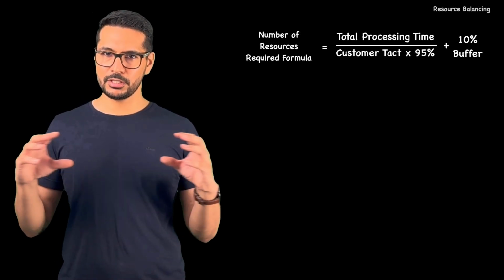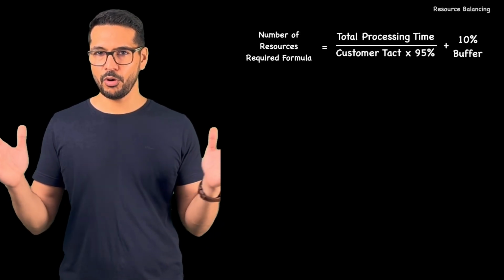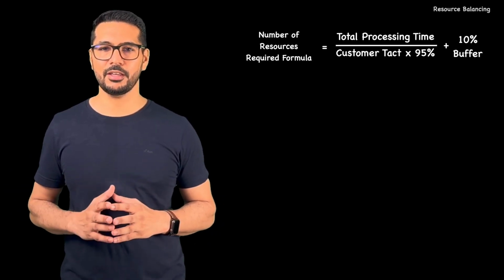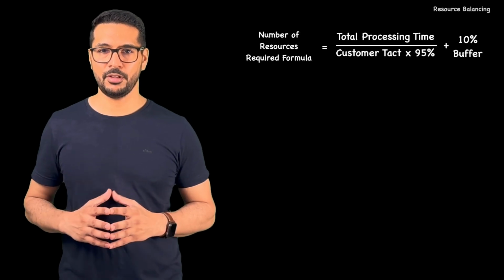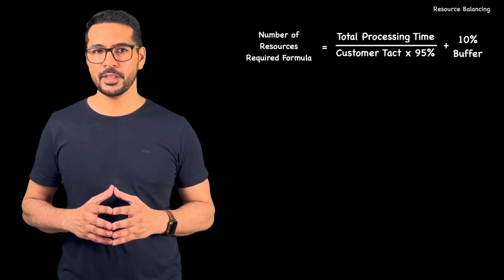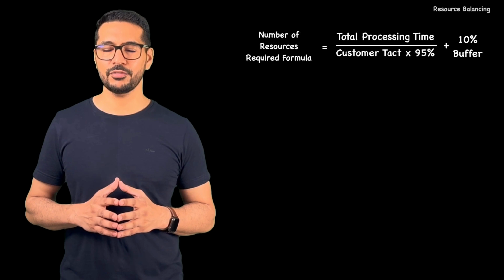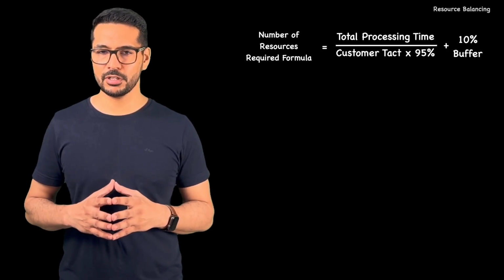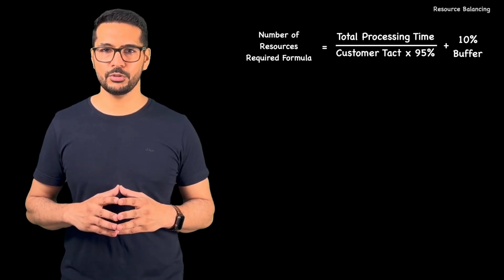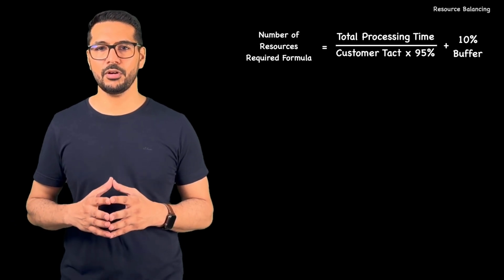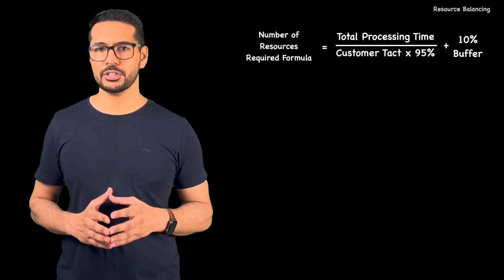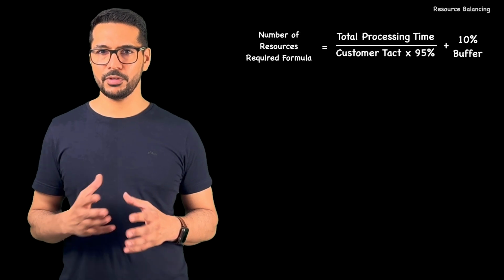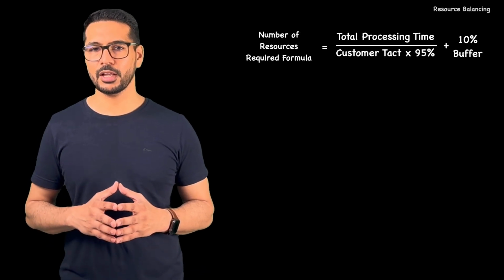This total processing time in order to perform all the tasks is divided by the customer tact, which we have previously calculated, and multiplied by 95%, which is the efficiency, which gives the 5% of room or relaxation for the employees, plus 10% buffer. So 10% buffer is the buffer in capacity.